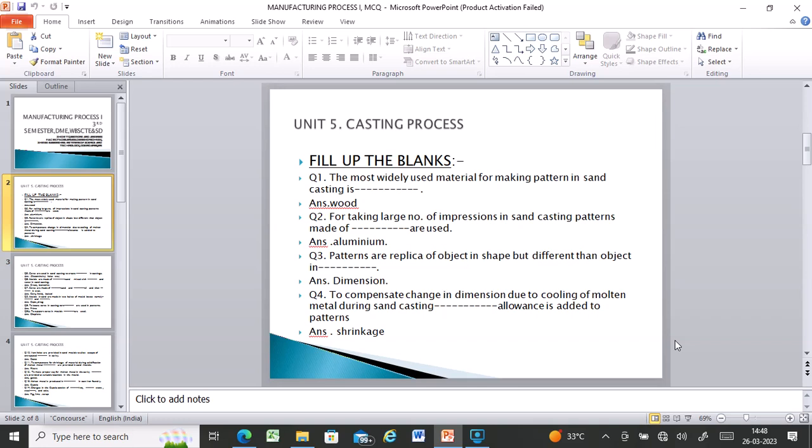Patterns are replicas of the object in shape but different from the object in dash dimension. Answer: dimension. To compensate for change in dimension due to cooling of molten metal during sand casting, dash allowance is added to patterns. Answer: shrinkage.